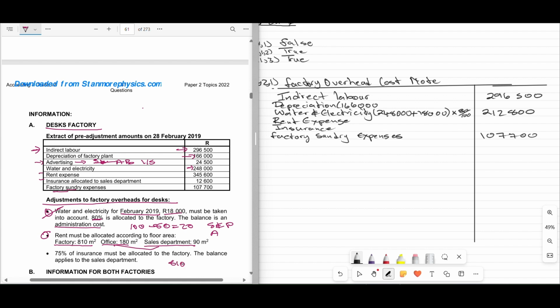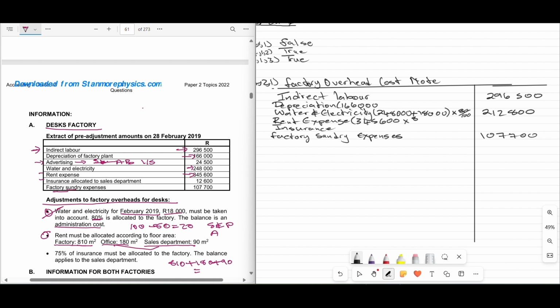For 810 plus 180 plus 90, you are going to get the total square meters. This total is equivalent to the rent amount there, which I forgot to record. This one, 345,600, and we need to allocate, as they told us, 810 square meters.